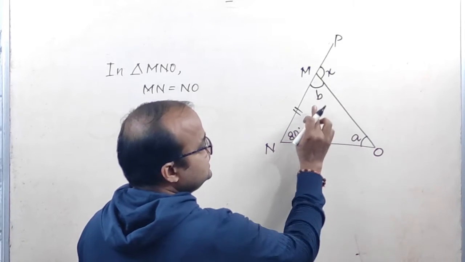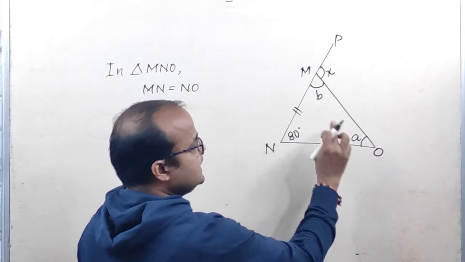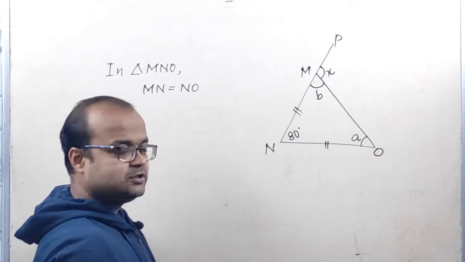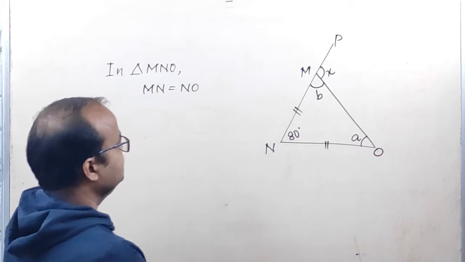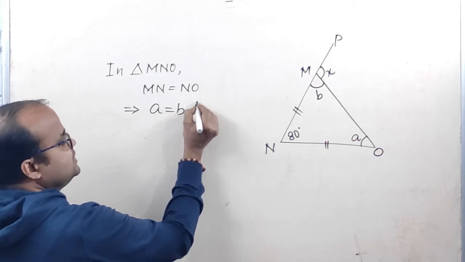That means angle B is opposite to side NO and angle A is opposite to the side MN. So these two angles are equal. So we can say that A equals B.